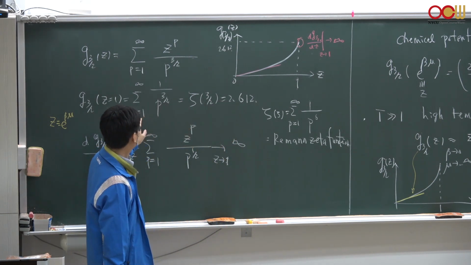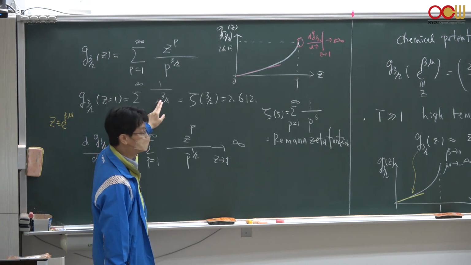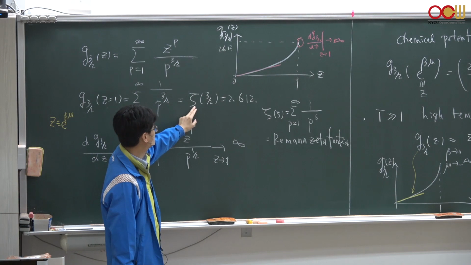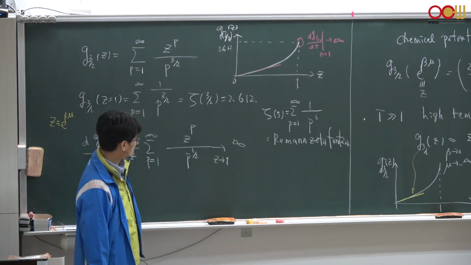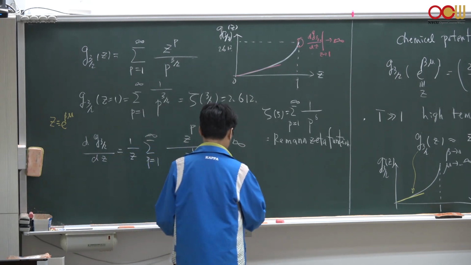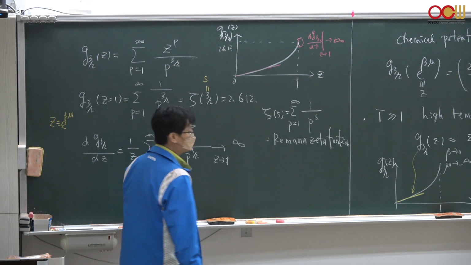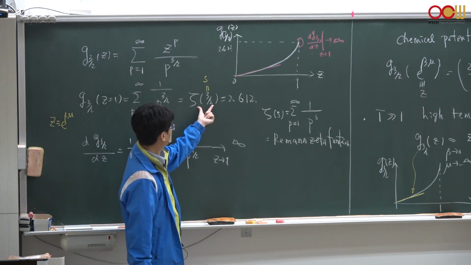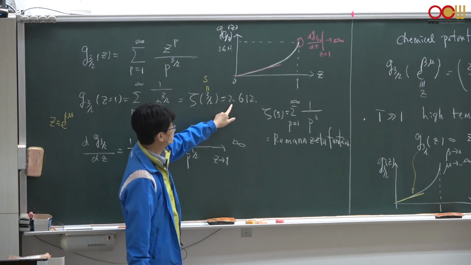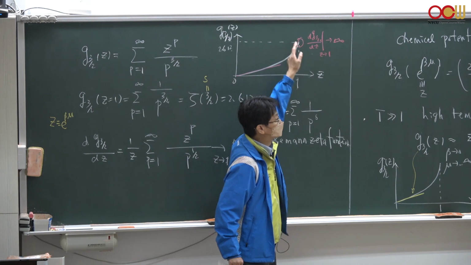And this sum over p from 1 to infinity of 1 over p to the power of 3/2 is nothing but the Riemann zeta function of s equal to 3/2, and this Riemann zeta function at s being 3/2 is given by 2.6, and that's where this value comes from.